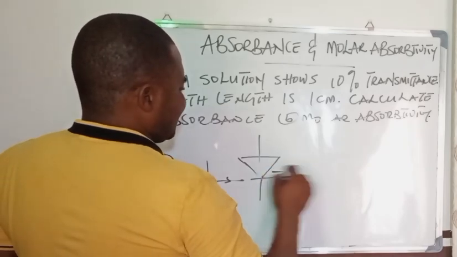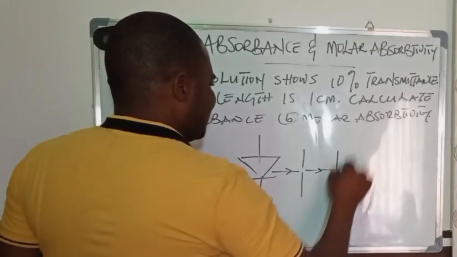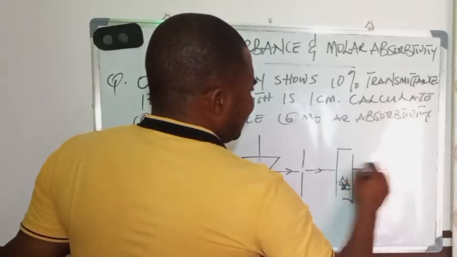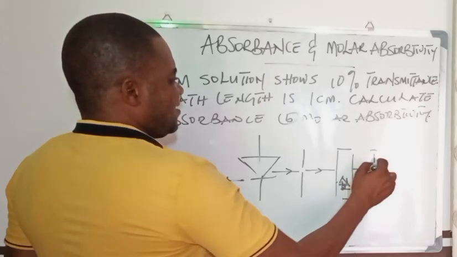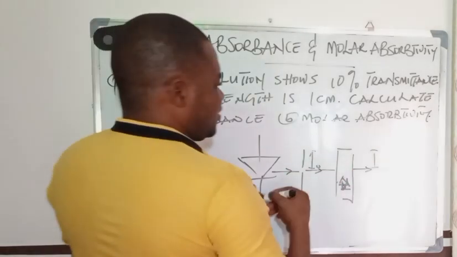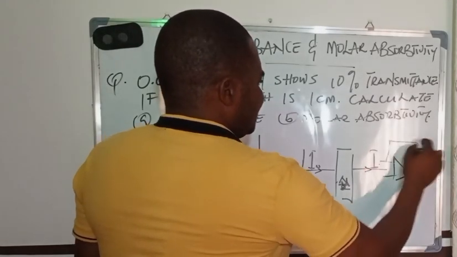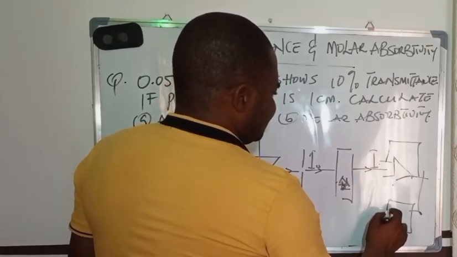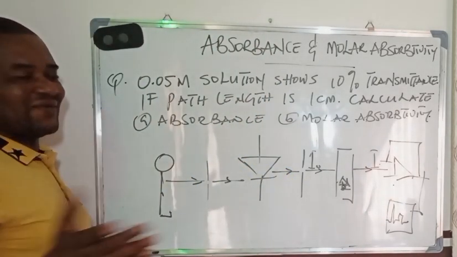From your transducer it is going to hit an exit slit, and from the exit slit the light is going to hit a sample container where there is a sample inside. Some of the light is going to be absorbed, and then you are going to have the transmitted radiation, but of course here is your incident radiation. The transmitted radiation will hit what you call the detector, and from the detector it comes to the screen where you have this.